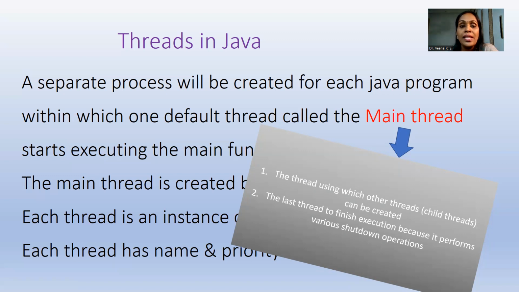And the main thread will always be the last thread to finish the execution. So in multi-threaded programming, the parent thread will be killed only after the child threads. If you forcefully kill the child thread or parent thread, that is a secondary issue, but the main thread will be the last thread to finish the execution.